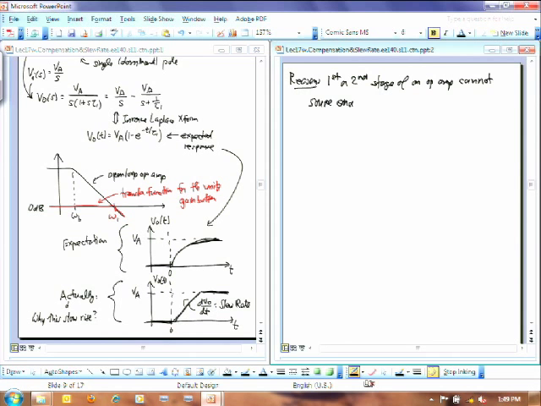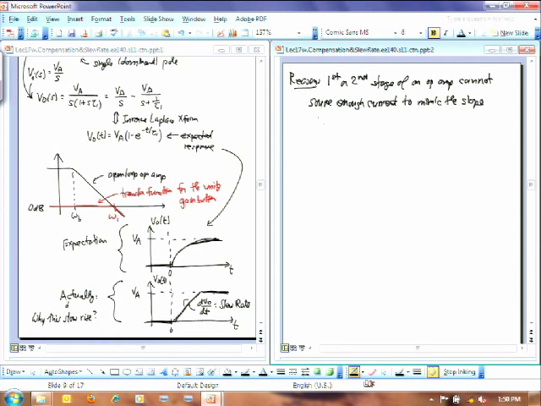Same thing. The slope in time is speed here, of a fast rising signal. Okay? So let's take a look at this in terms of op-amp terms.